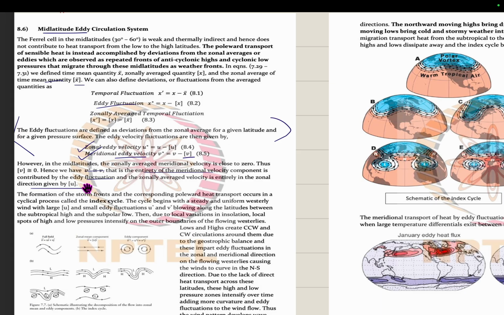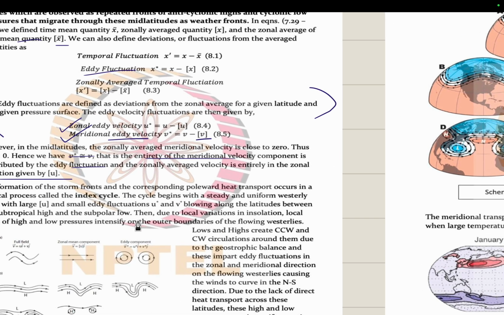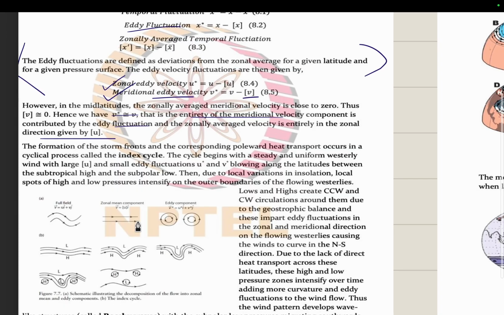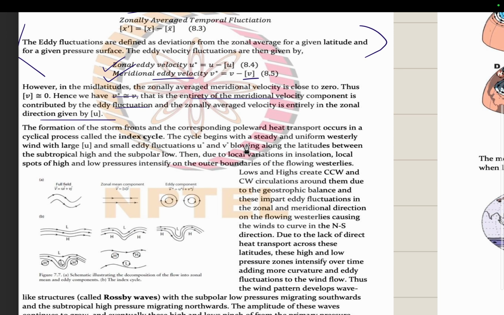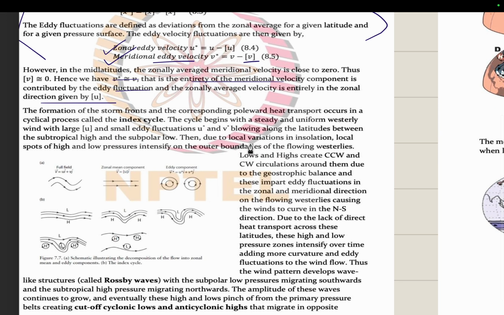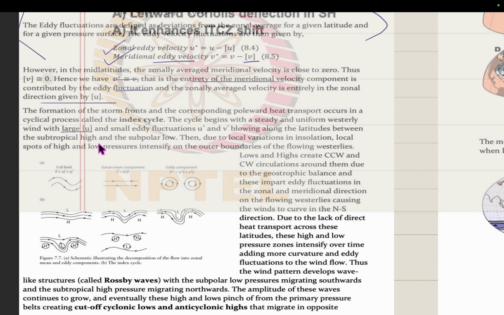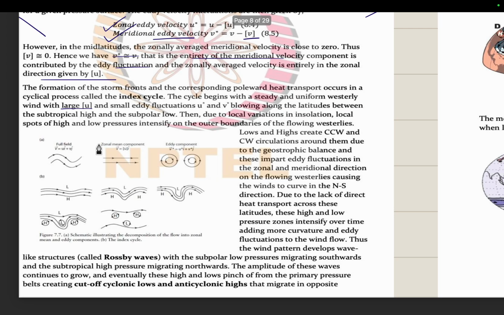The formation of storm fronts and the corresponding poleward heat transport occurs in a cyclic process, known as the index cycle. This cycle begins with a steady and uniform westerly wind with a large zonally average velocity u bracket, and small eddy fluctuations, which are defined by the u star and the v star.